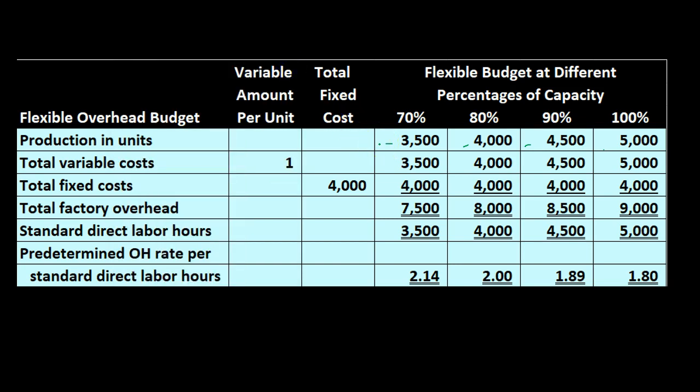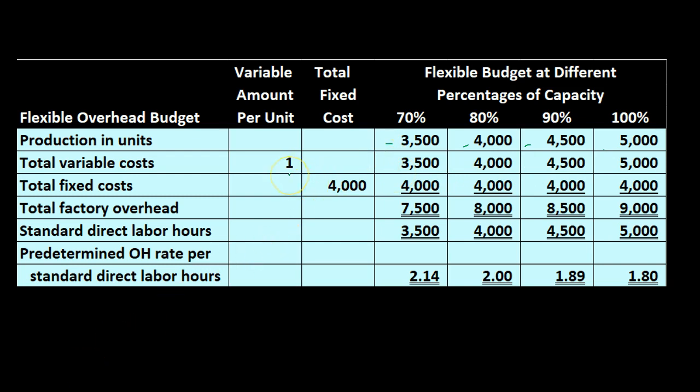So we're going to estimate, well, what if we only make 3,500 units? We don't know exactly what we're going to be producing, and therefore we could be at 70, 80, 90, and we're using our flexible budget to consider the overhead at these different activity levels. So then if we had total variable costs at 3,500, 4,000, 4,500, 5,000, them varying with the level of production, with the number of units that are being produced.